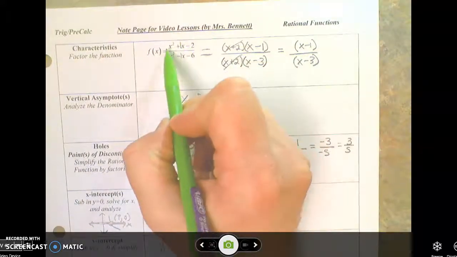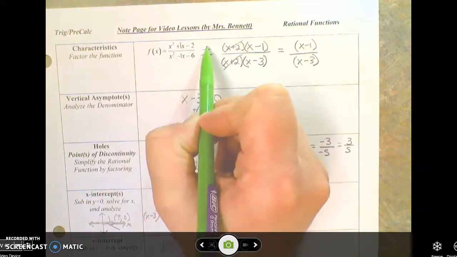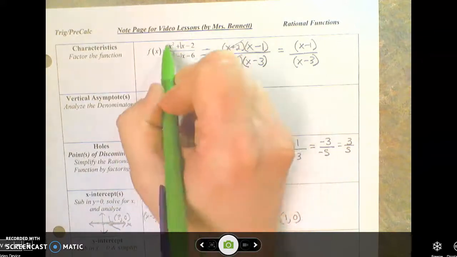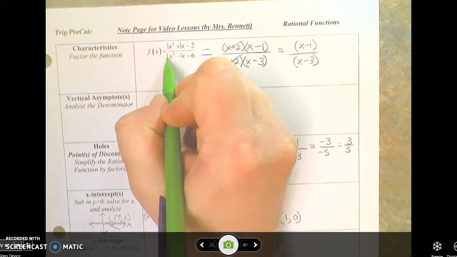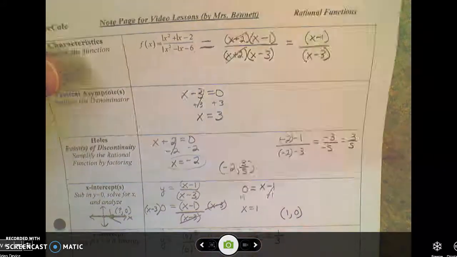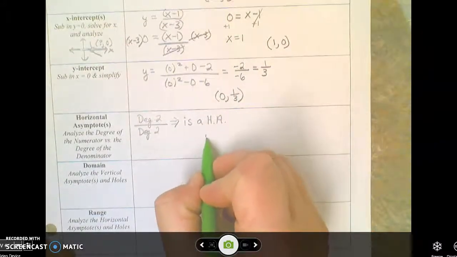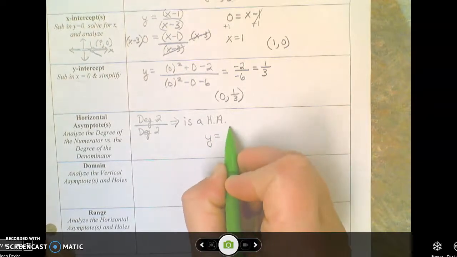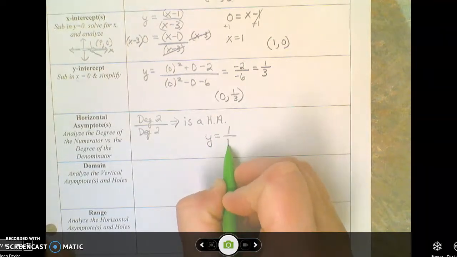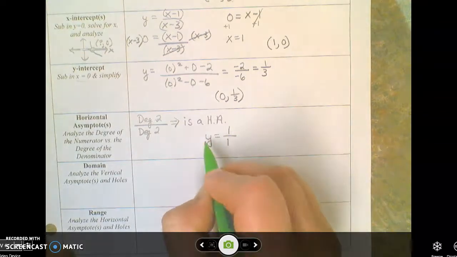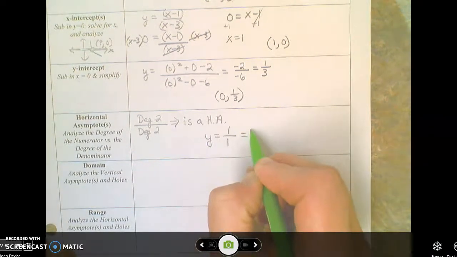So our function is 1x squared with the rest of it over 1x squared with the rest of it. So our leading coefficients are 1 and 1. We take our leading coefficients and divide them. So our horizontal asymptote is going to be at y equals 1.